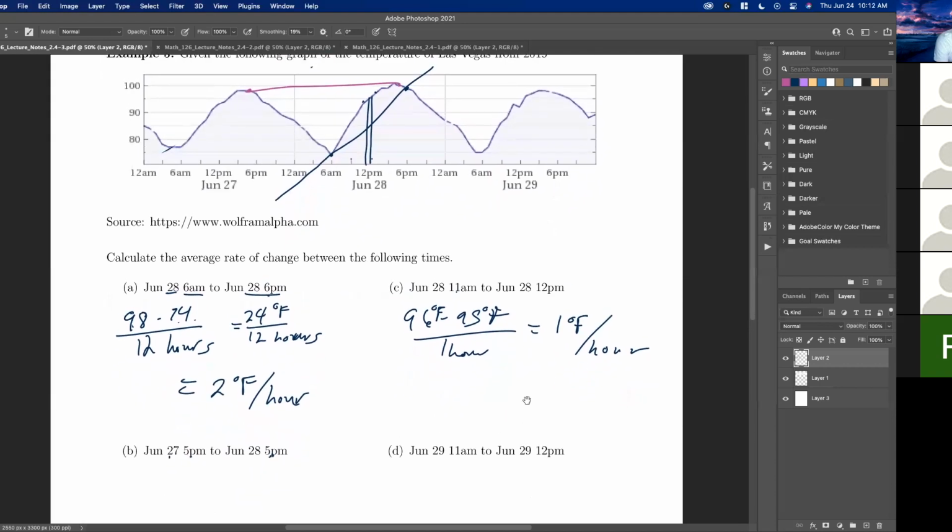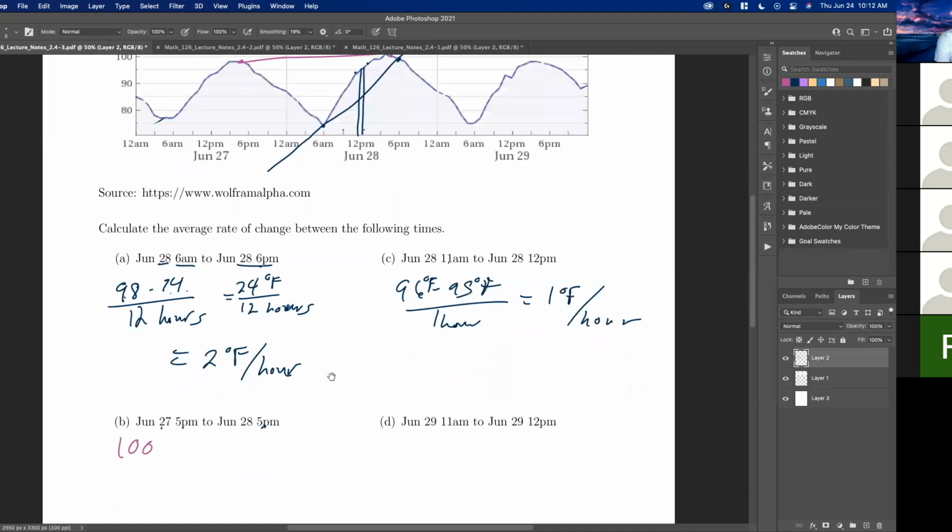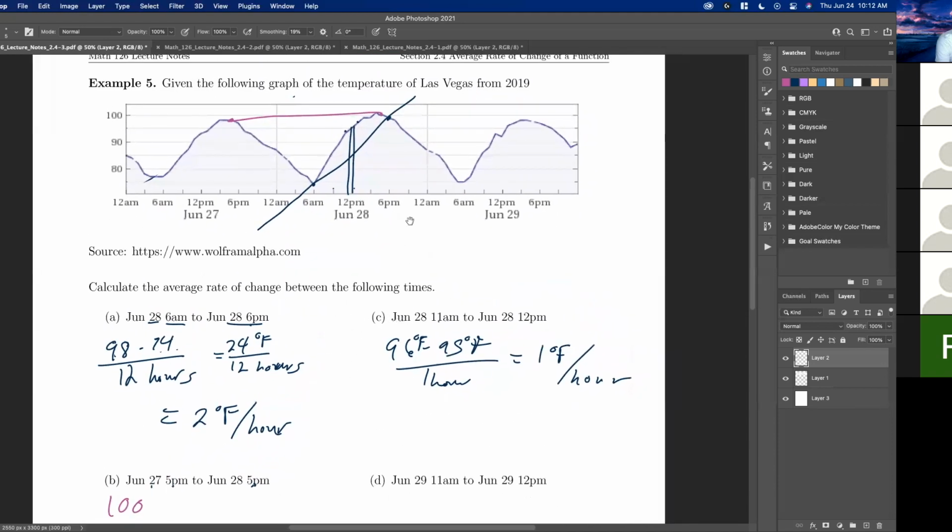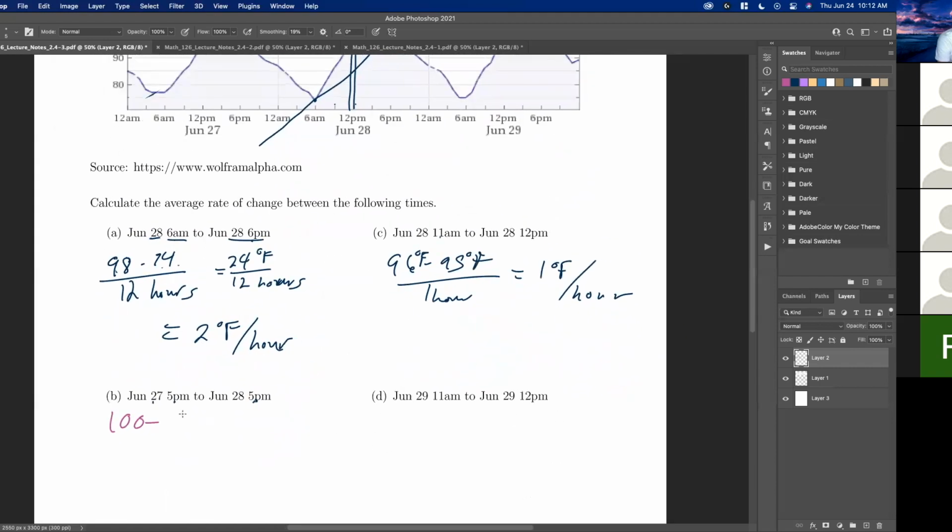We'll say this is 100 degrees, roughly, at 5 p.m. We'll say this is at 98 degrees, roughly. And this is for 24 hours, right? Now, if I write that, this becomes roughly 2 over 24, or 1/12 of a degree F per hour.